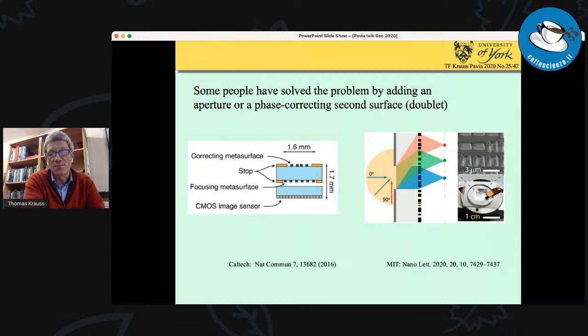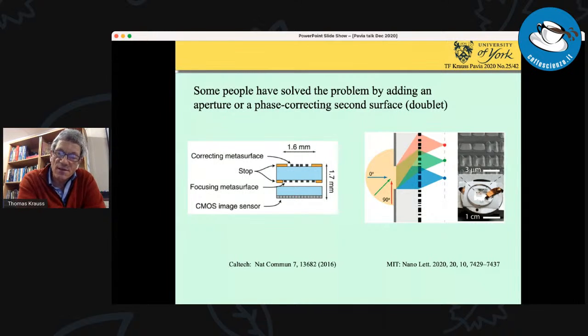And on the right is a very recent paper from MIT, and they basically do the same. They don't do the correcting metasurface because they realize you don't actually need it. All you need is a stop, so an aperture at some distance away from the metalens, and then you can also correct for this coma effect and achieve a wide field of view.